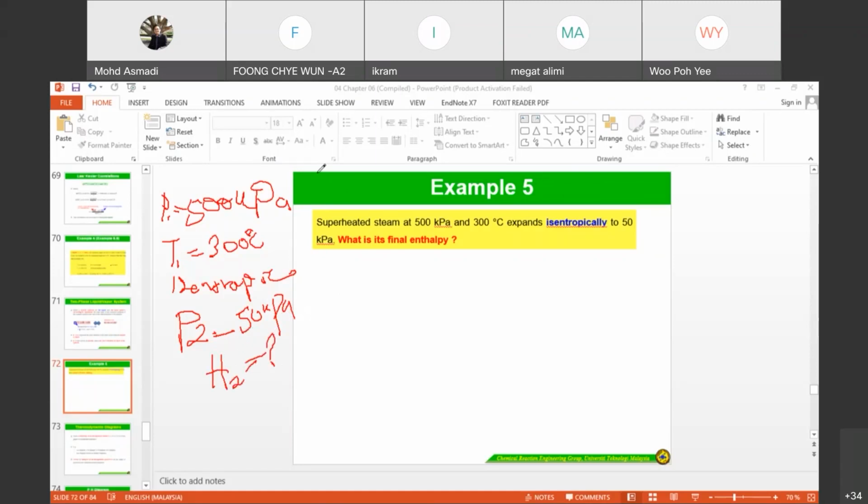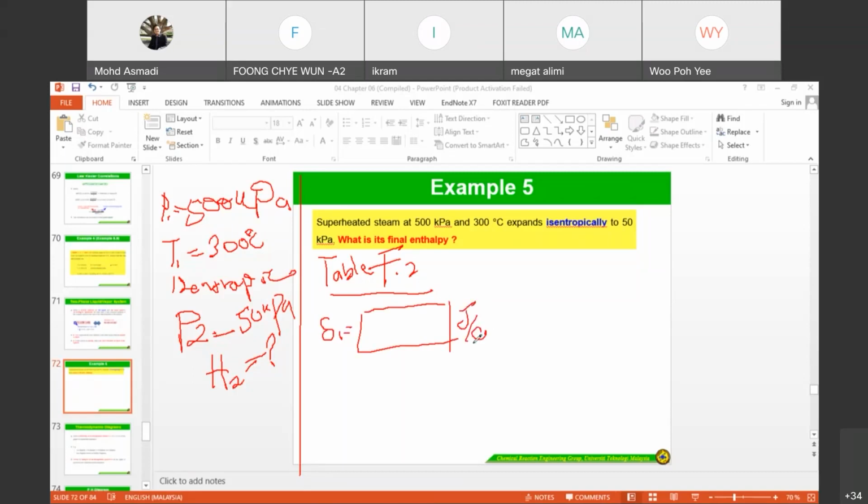From Table F.2, at the first condition, please determine S1, the entropy at the first condition. Joule per gram, the first condition.